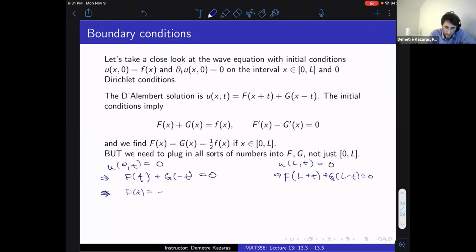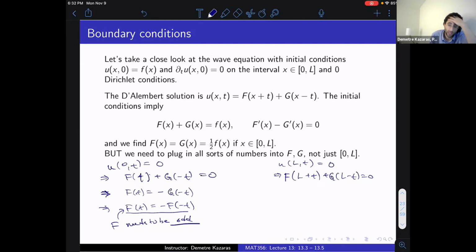So this should be equal to minus g of minus t. But we know f and g should be the same. So this is equal to minus f of minus t. So this says that f needs to be odd. That's exactly what this equation says. F of t is equal to minus f of minus t. That's exactly what it means to be an odd function.